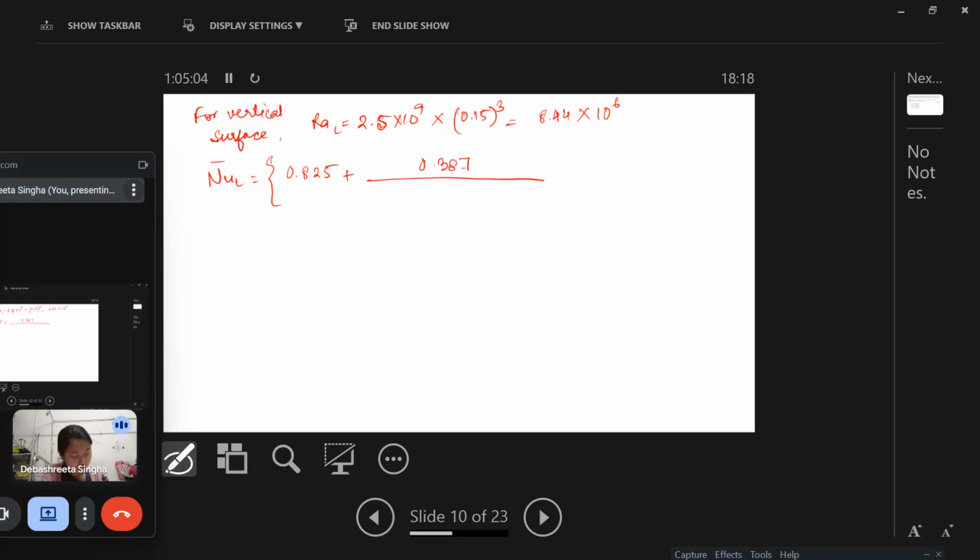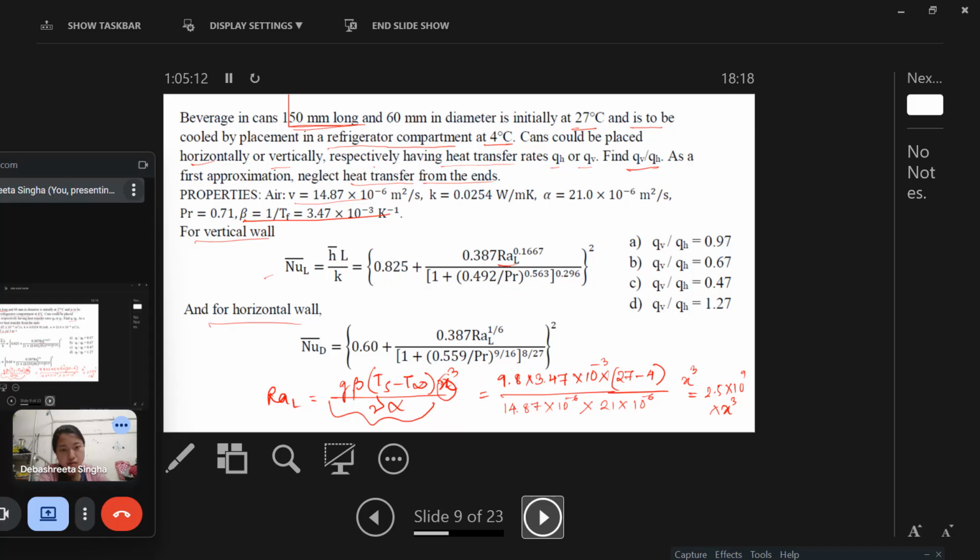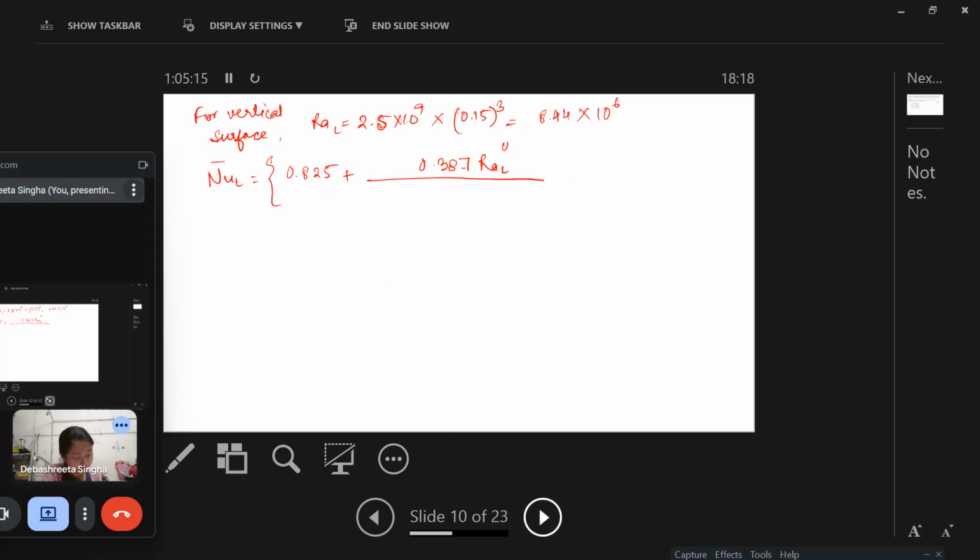Plus 0.387 RaL to the power 1/6, divided by 1 plus (0.492 divided by Prandtl) to the power 9/16, whole to the power 8/27, whole to the power 2.